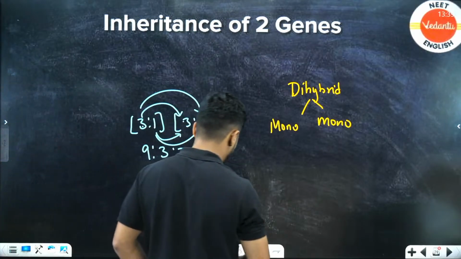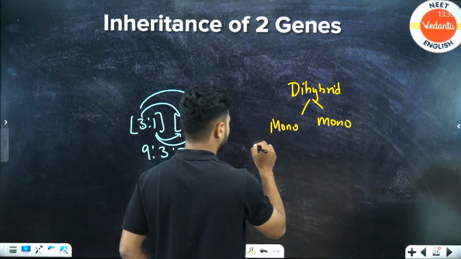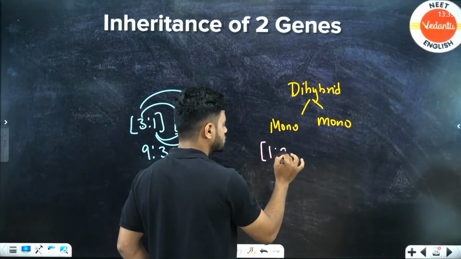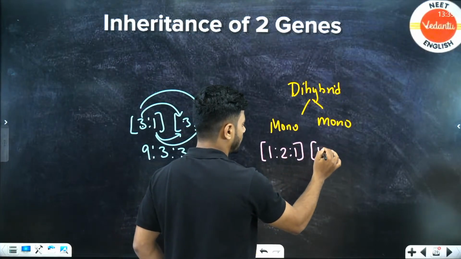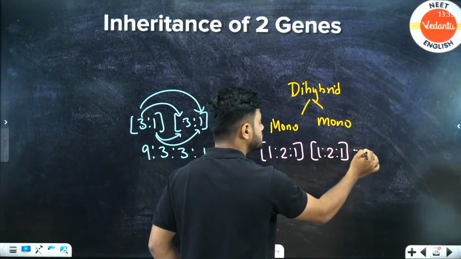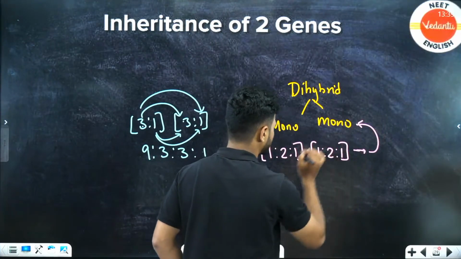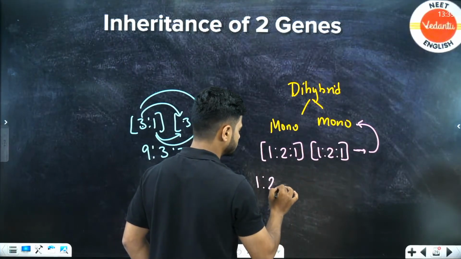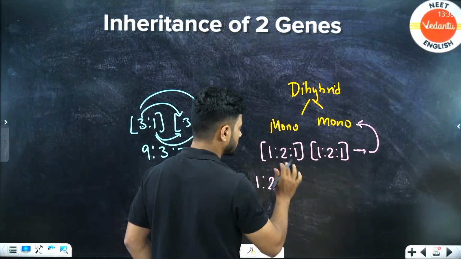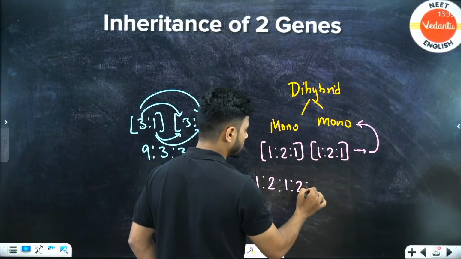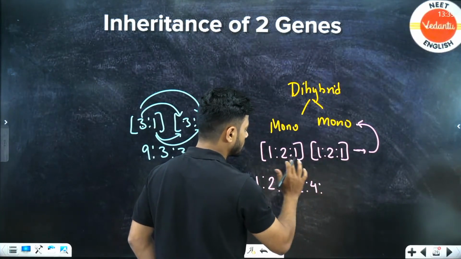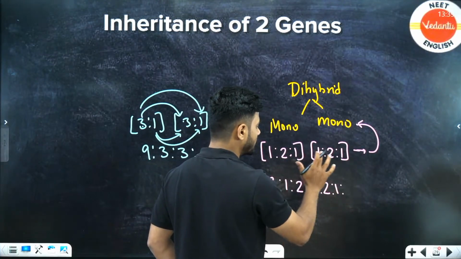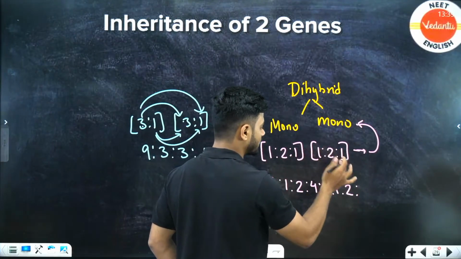Now, how do you find it for the dihybrid genotypic ratio? Just tell me the genotypic ratio in the case of monohybrid. 1 is to 2 is to 1. Now, cross it. 1 into 1 is 1. 1 into 2 is 2. 1 into 1 is 1. 2 into 1 is 2. 2 into 2 is 4. 2 into 1 is 2. 1 into 1 is 1. 1 into 2 is 2. 1 into 1 is 1.